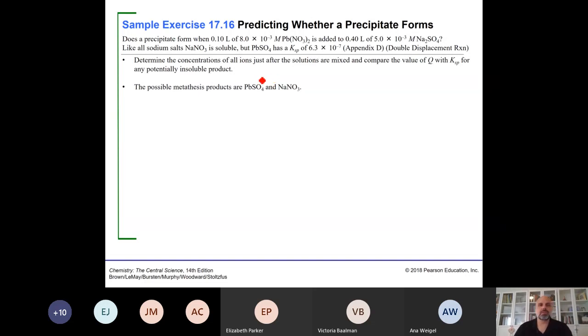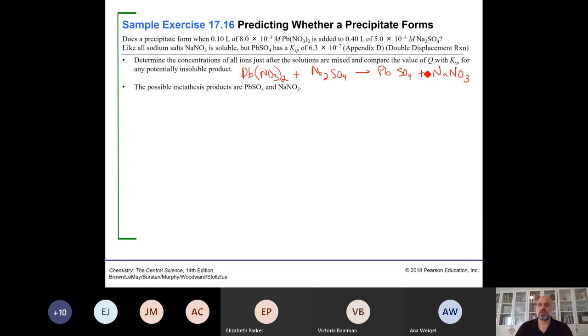Let me draw this out, because hopefully everybody remembers double displacements. We're reacting lead nitrate plus sodium sulfate, and we have a reaction occurring to give us lead sulfate plus sodium nitrate.